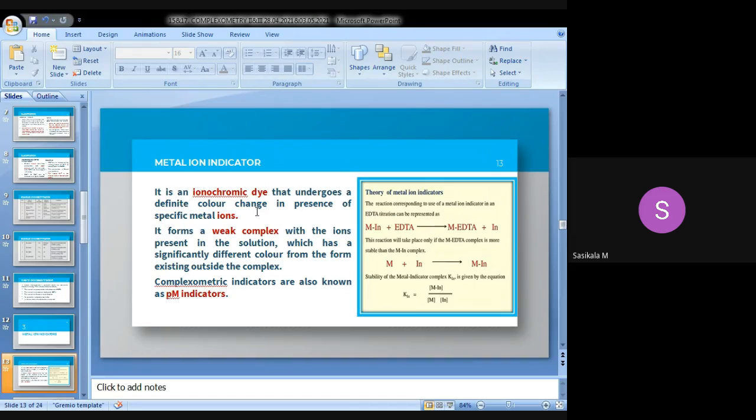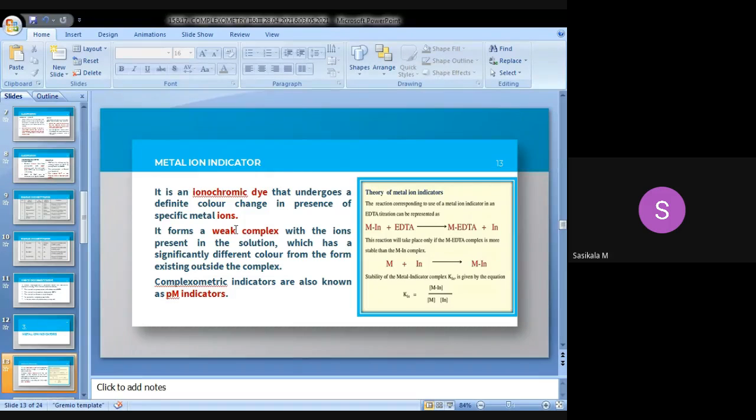This indicator will form a weak complex with the ions present in the solution. So a metal ion indicator forms a weak complex.